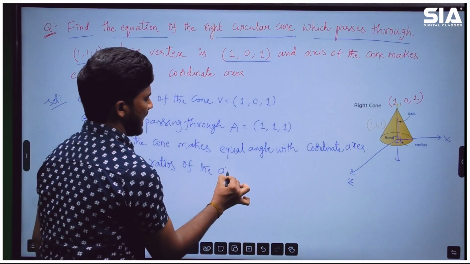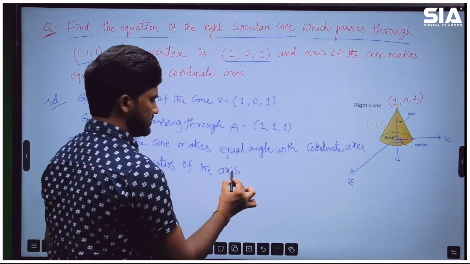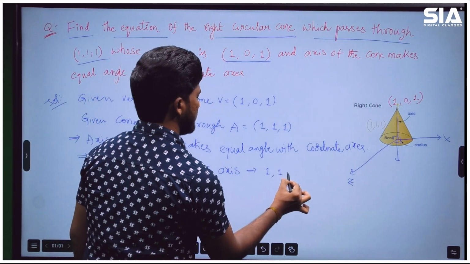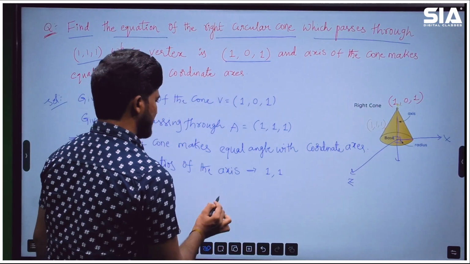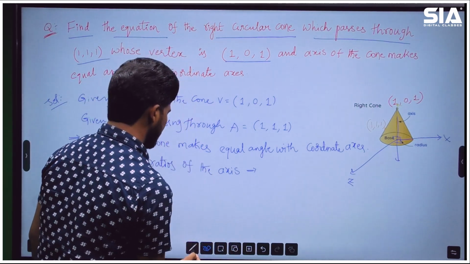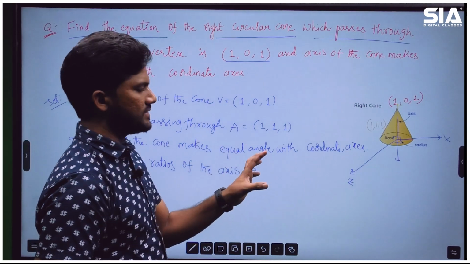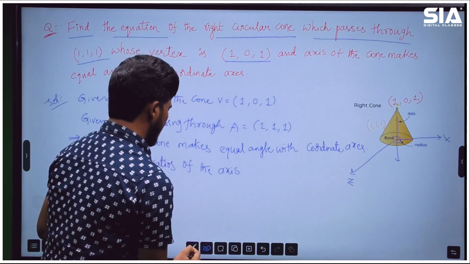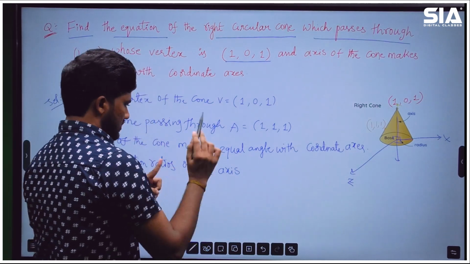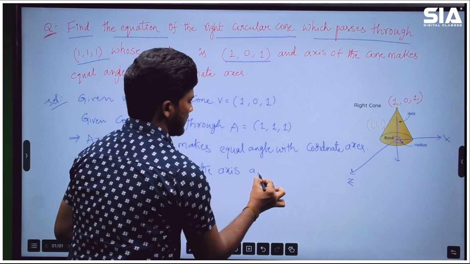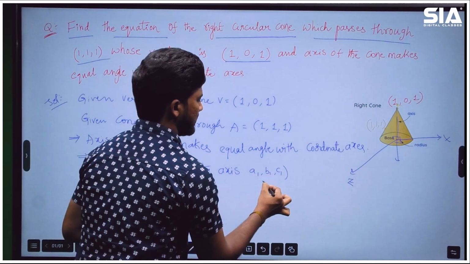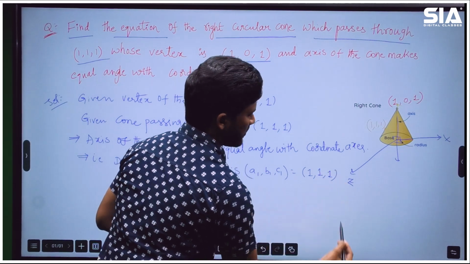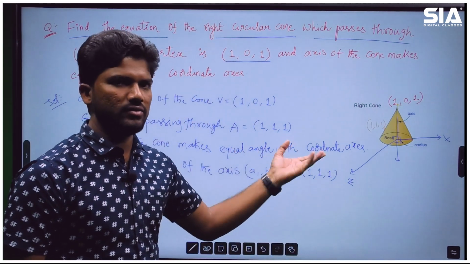The direction ratios of the axis we can write as 1, 1, 1. If the axis of the cone makes equal angles with the coordinate axes, the direction ratios of the axis are a1, b1, c1 = 1, 1, 1 only.